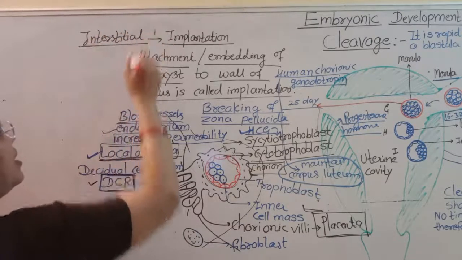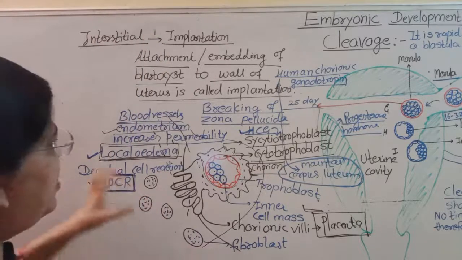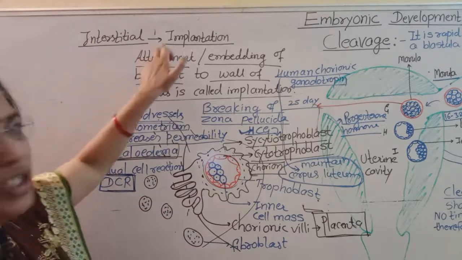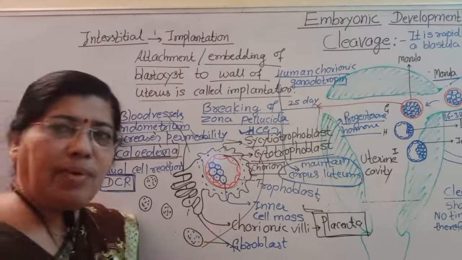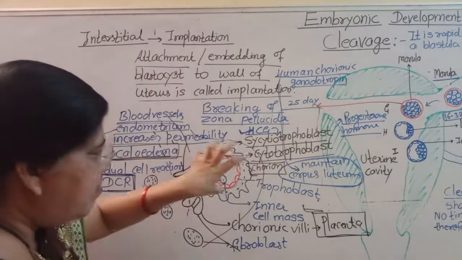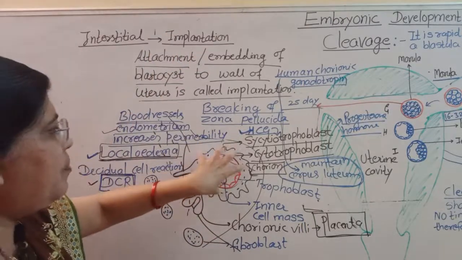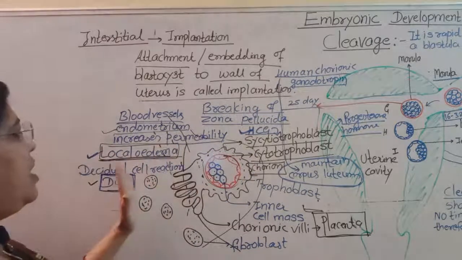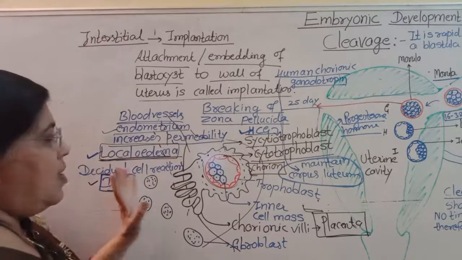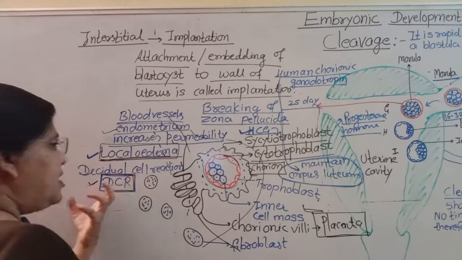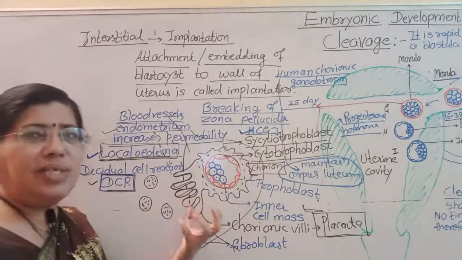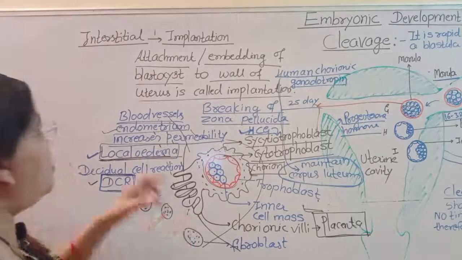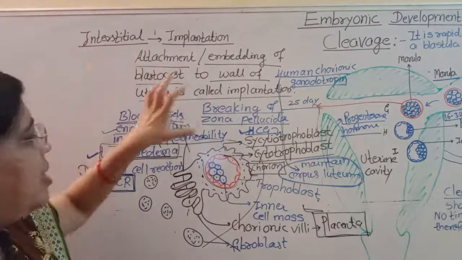The type of implantation in human being is interstitial implantation. Interstitial implantation means this blastocyst or embryo completely sinks inside the endometrium wall of uterus, or is completely buried inside the endometrium wall of uterus, and such type of implantation is called interstitial implantation.